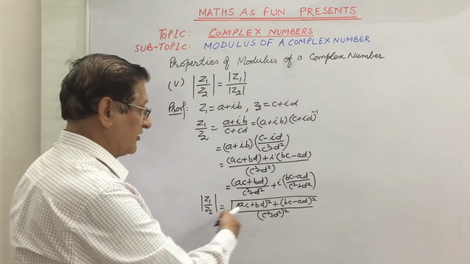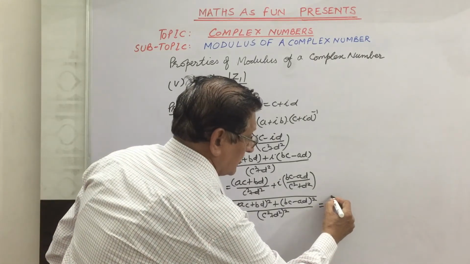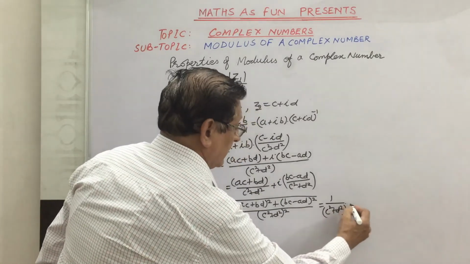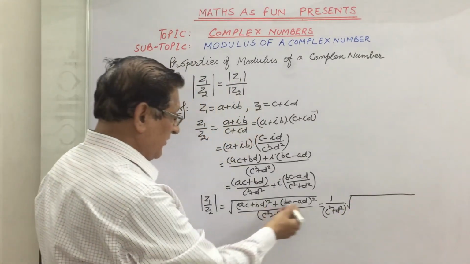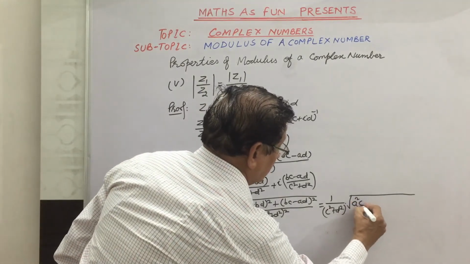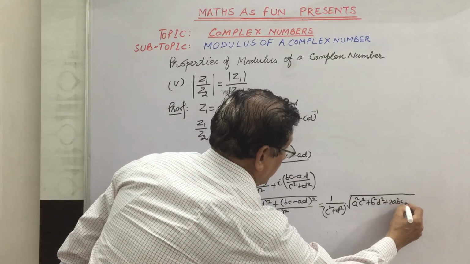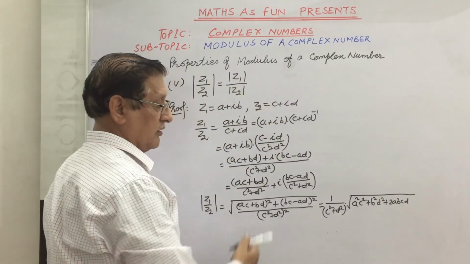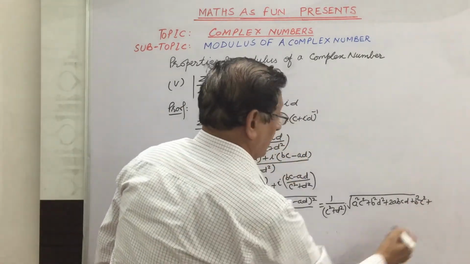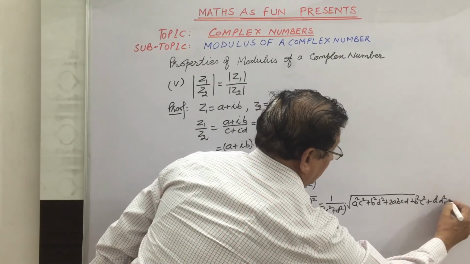And we know the root of a perfect square is the number, and we can write this as 1 upon (c square plus d square) into root of, if we simplify the perfect squares, a square c square plus b square d square plus 2abcd plus b square c square plus a square d square minus 2abcd.